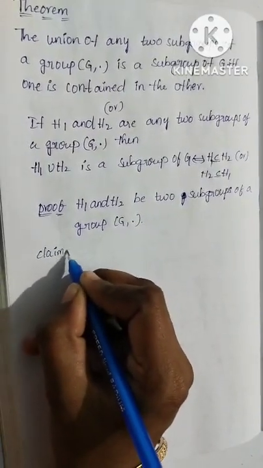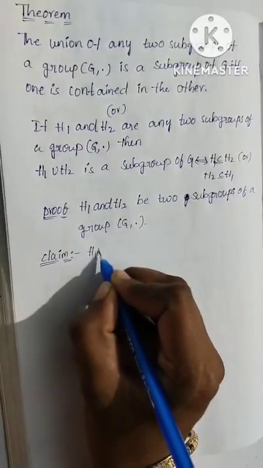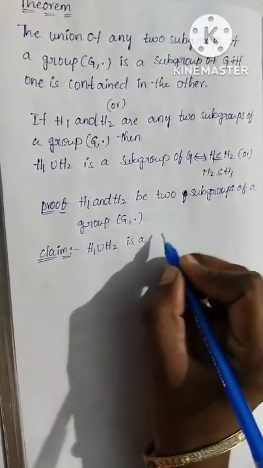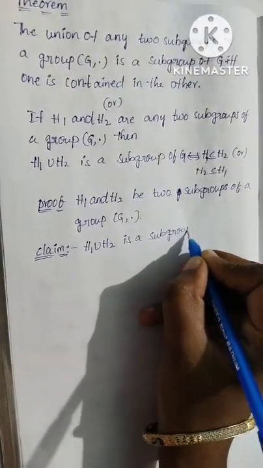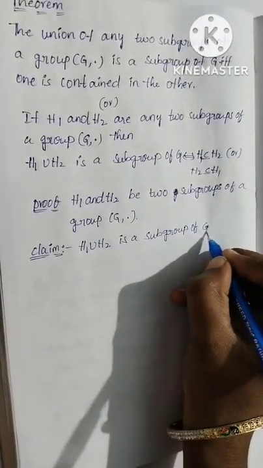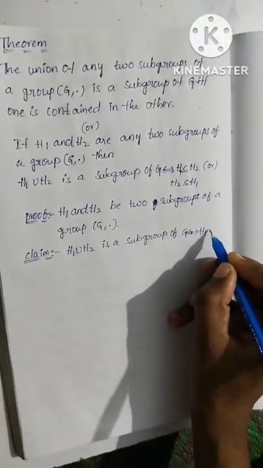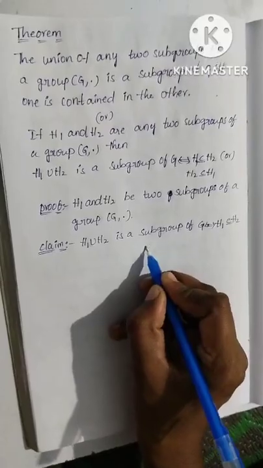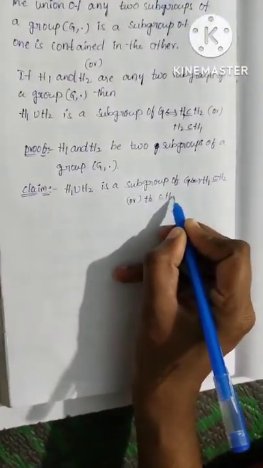Claim: H1 union H2 is a subgroup of G if and only if H1 is a subset of H2 or H2 is a subset of H1.